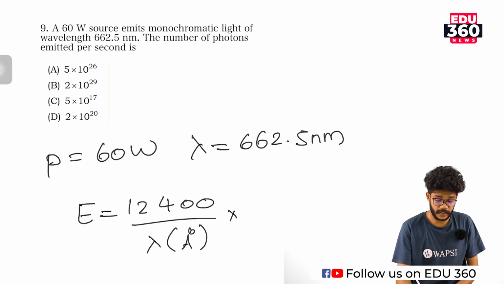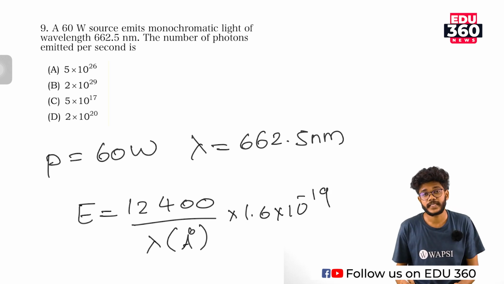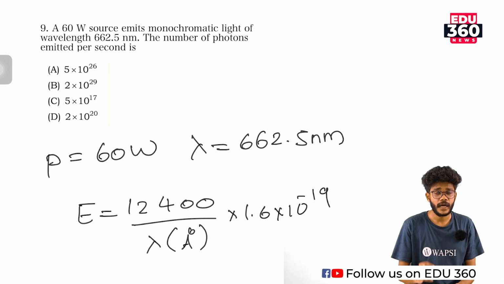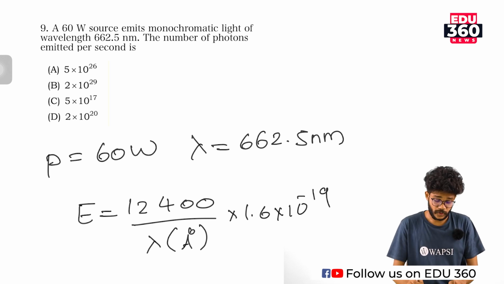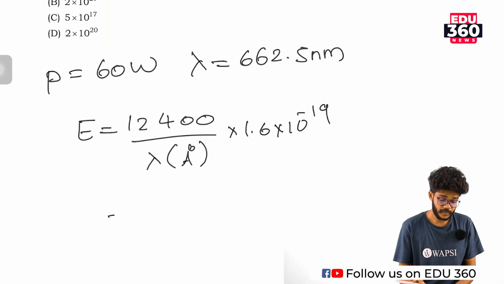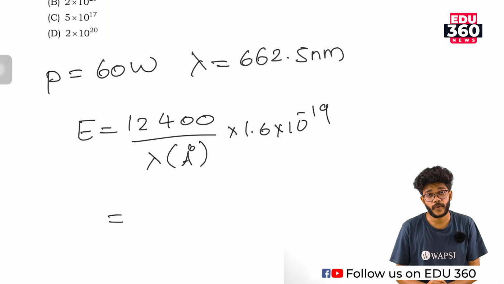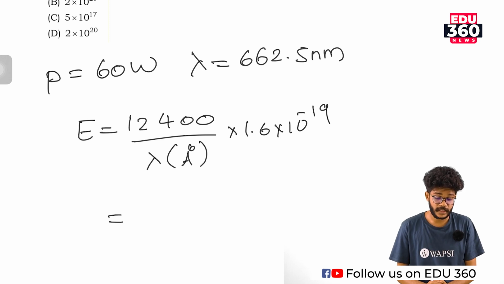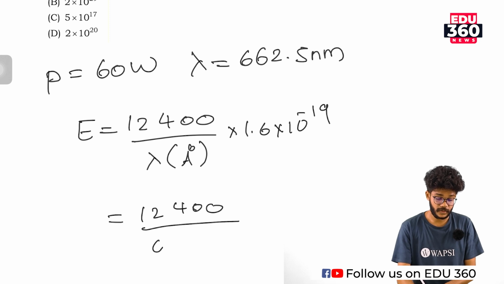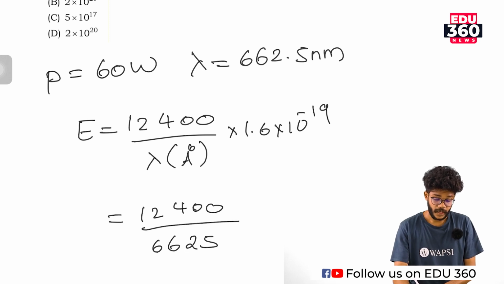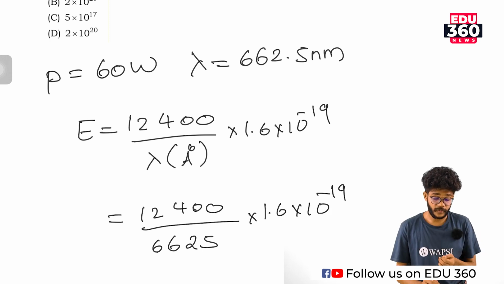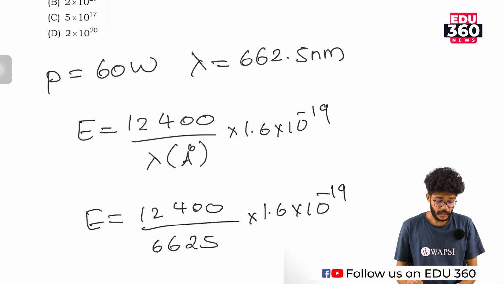We multiply this by 1.6 into 10 raised to minus 19, then only we get the answer in joule. Lambda is in nanometer, so we transform nanometer to angstrom: 6,625. So E equals 12,400 divided by 6,625 into 1.6 into 10 raised to minus 19. Okay, so we get the energy E.